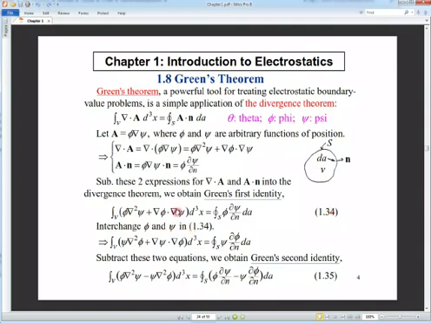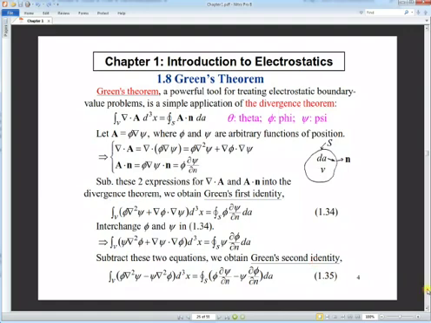You just change these two and you have another equation in this form, and just subtract these two equations, I mean this equation and this equation. We obtain Green's second identity by this equation 1.35.